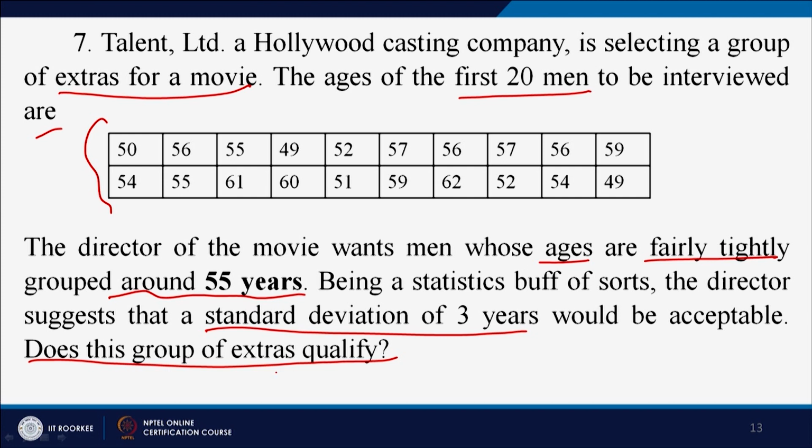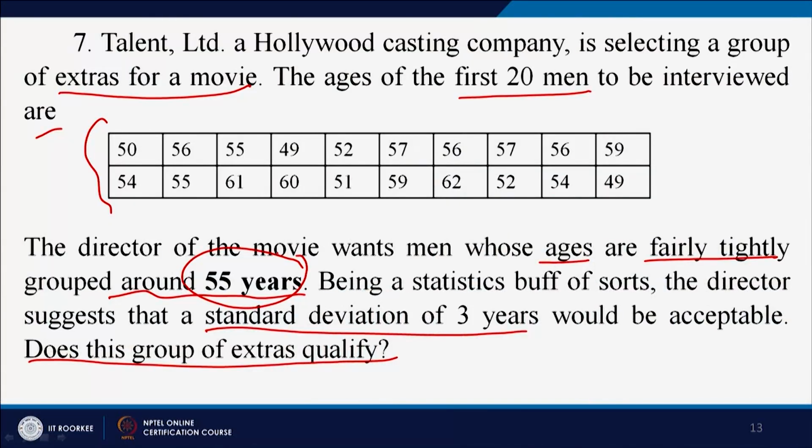So, what you should do first of all? It is very simple. I think you should try to find out the mean first, isn't it? And then the standard deviation, and then you can think of what would be the range in plus minus 3 standard deviation. So, let us look at this. So, it is a simple one.